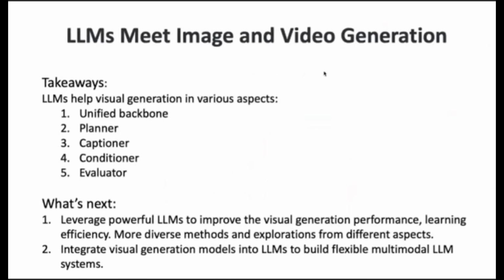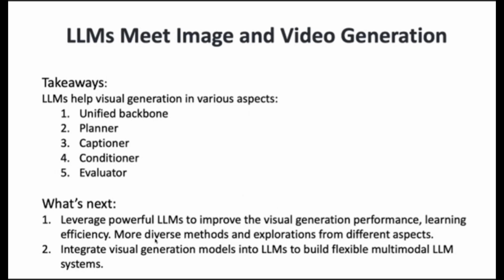So to conclude, the large language models can help visual generation in various aspects, including the unified backbone, planner, captioner, conditioner, and evaluator. So I think the next possible direction is how to leverage the powerful large language models to improve the visual generation performance, also how to improve the learning efficiency during large-scale pre-training.